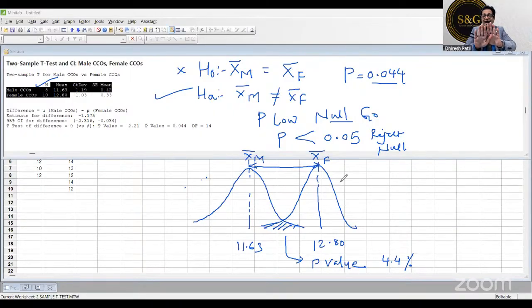The moment the area becomes less than 5%, it says this difference is statistically significant. Earlier it was 100%, then 50%, and now less than 5%. Clear? This is the simplest explanation of the p-value you can ever get.